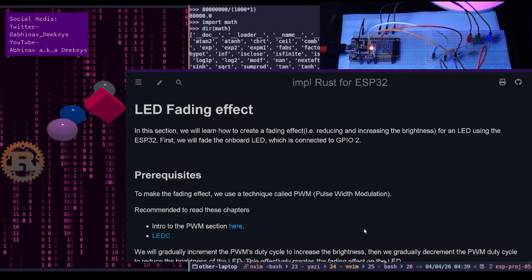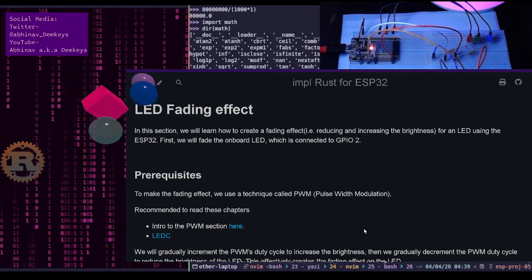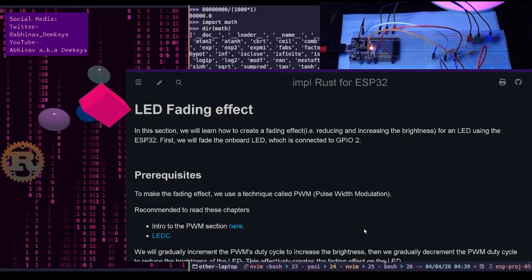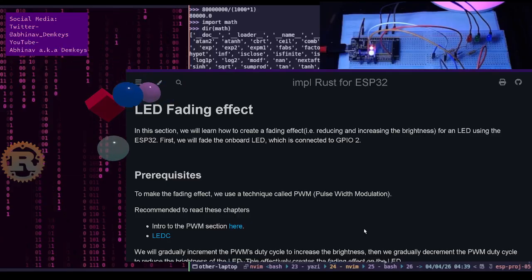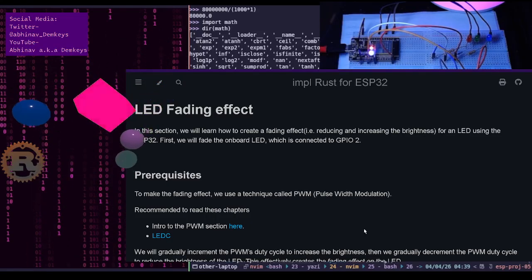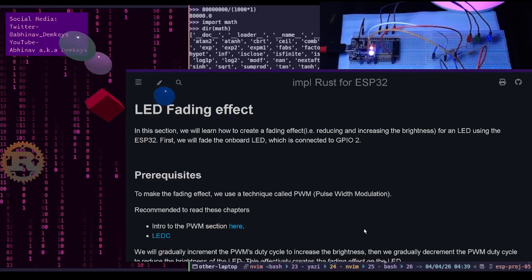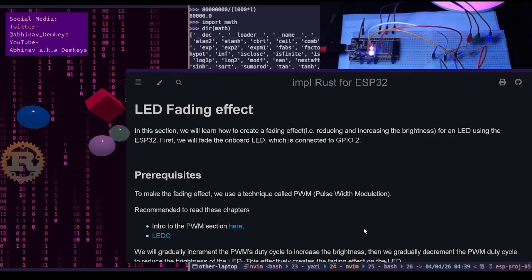This is not DAC. So something I didn't take into account is that we have GPIO pins that can only put out digital signals, right? PWM is not analog. PWM is digital, and it's creating the illusion of analog.